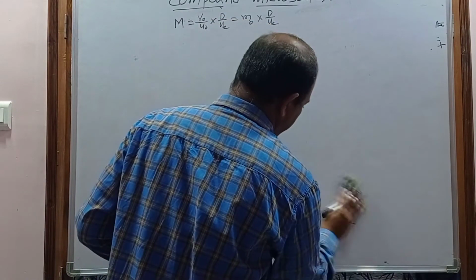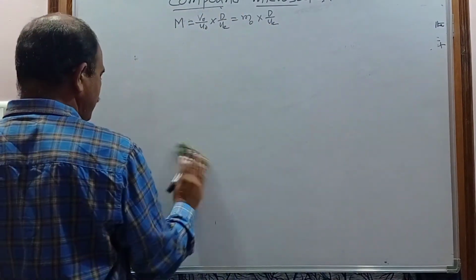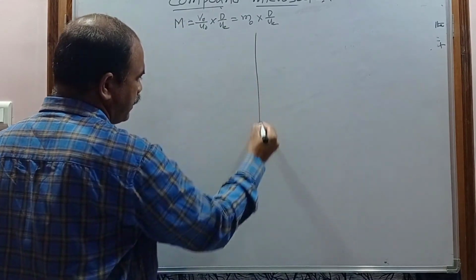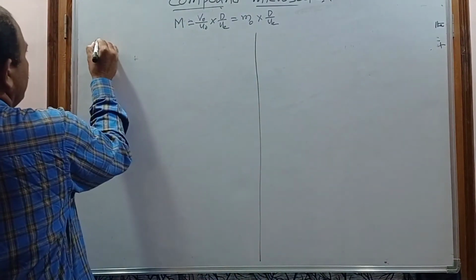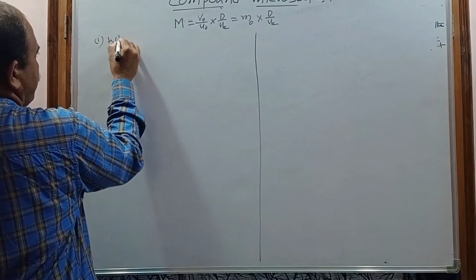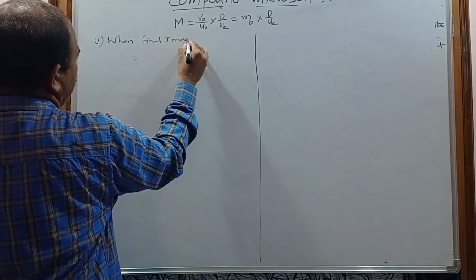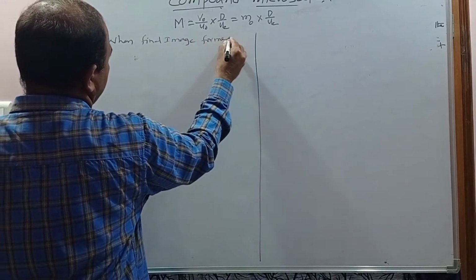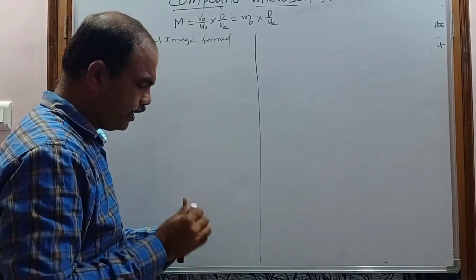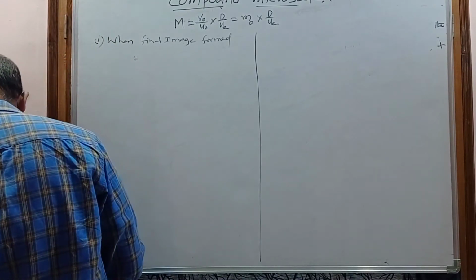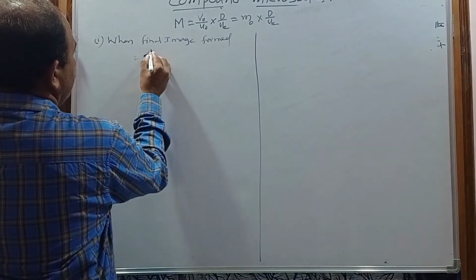But the eyepiece will be adjusted such that the image is formed at the near point and the image is formed at the far point. First one, when the final image is formed at the near point.